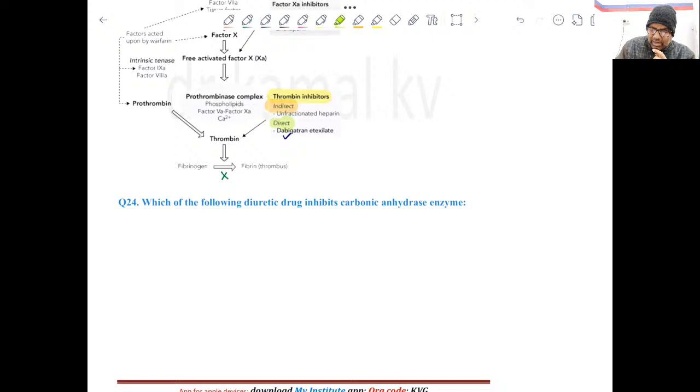Now, which diuretic acts by inhibiting carbonic anhydrase enzyme? Now this is acetazolamide, and this drug is better used to prevent high altitude cerebral edema or high altitude pulmonary edema.